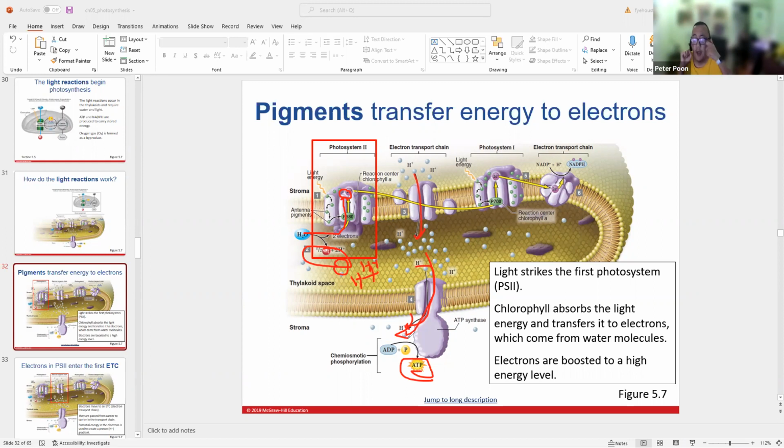It pushes that bar, and as you crank the bar, it generates enough energy to make one ATP. So photosystem 2 generates a couple ATP here, but most importantly, it passes the electron down this way to photosystem 1.